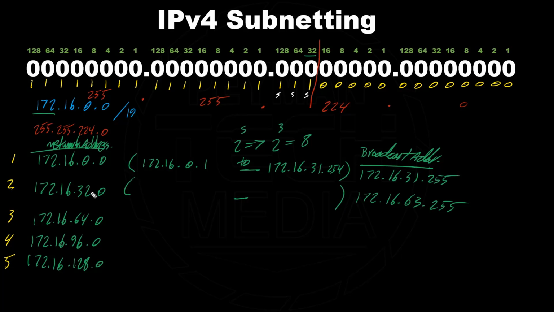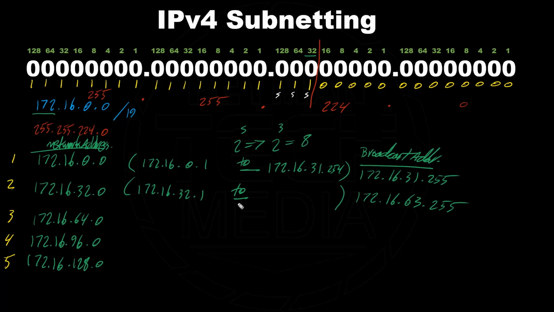Now we have the network address and the broadcast address. In between, we can find all the available IP addresses, which goes from the first available IP address, 172.16.32.1, because 172.16.32.0 is the network address, so the first available IP address would be 172.16.32.1.